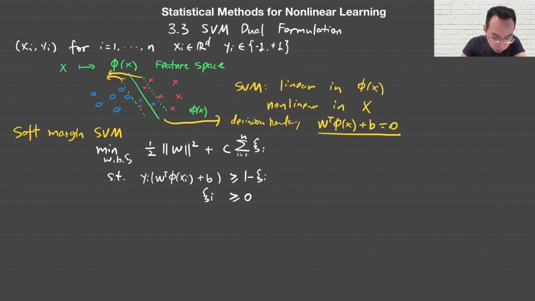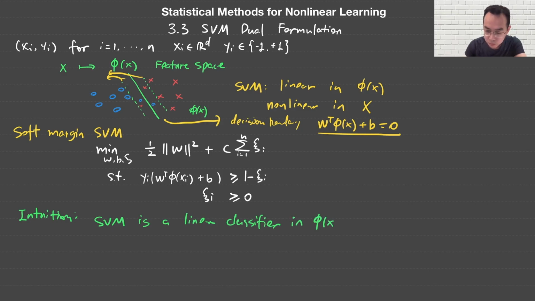So here, let me just give an intuition first. The intuition is that SVM is a linear classifier in the feature space, in phi of x. So this implies that we can write down the decision boundary as a linear combination of all the training data points.